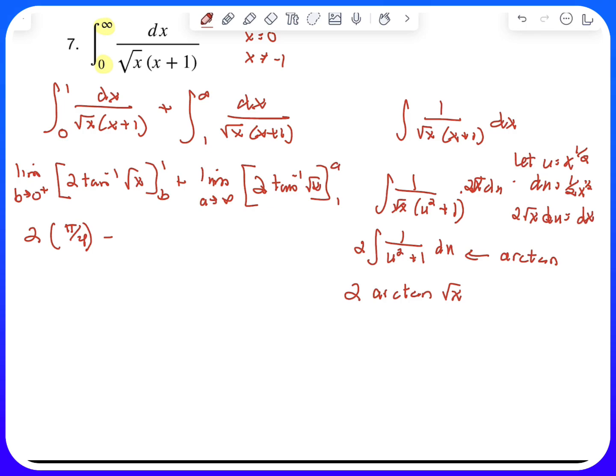All right, so we get 2 times pi over 4 minus 0, plus 2 times pi over 2 minus 2 times pi over 4. The 2 times pi over 4s cancel out, and that leaves us with pi. So this integral converges to pi.